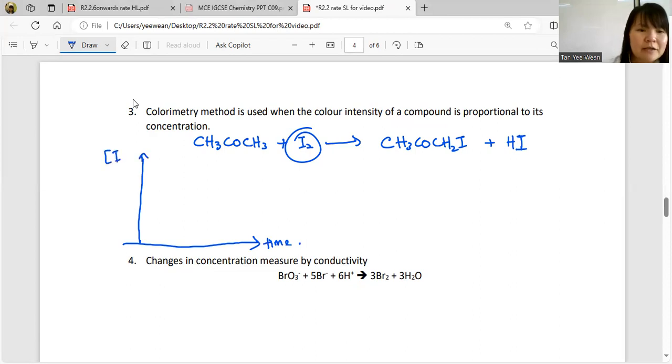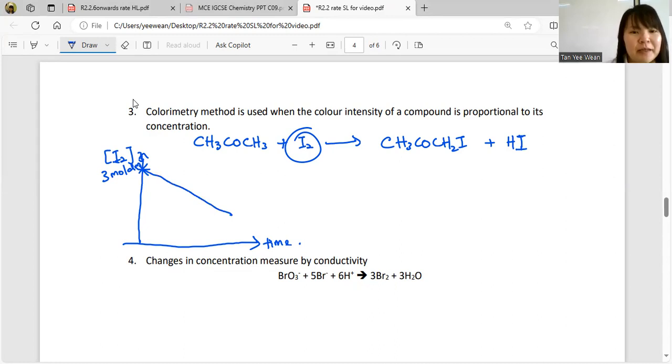So it's sort of the concentration of the I2, but the machine reads the concentration for me. Okay, so let's say this is 3 mole per dm cube, initial concentration of I2. Over time, it's going to go down. It could be a curve, it could be a straight line. You learn that in HL. Okay, let's say I get a line like this, example.